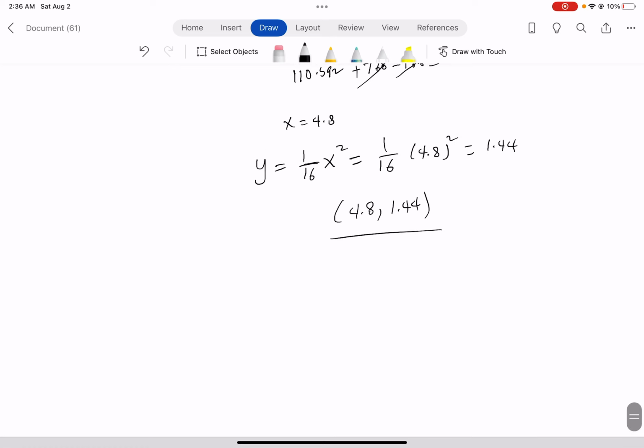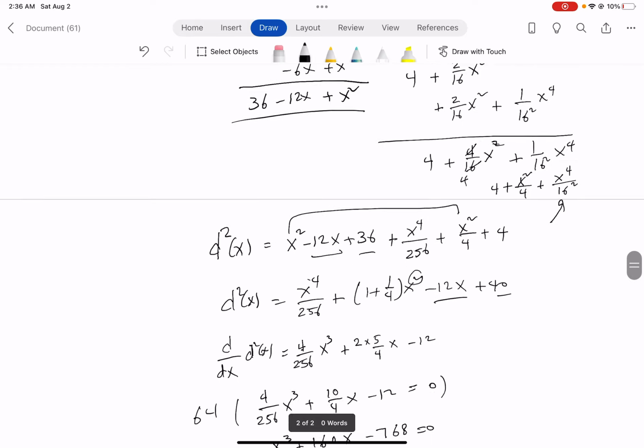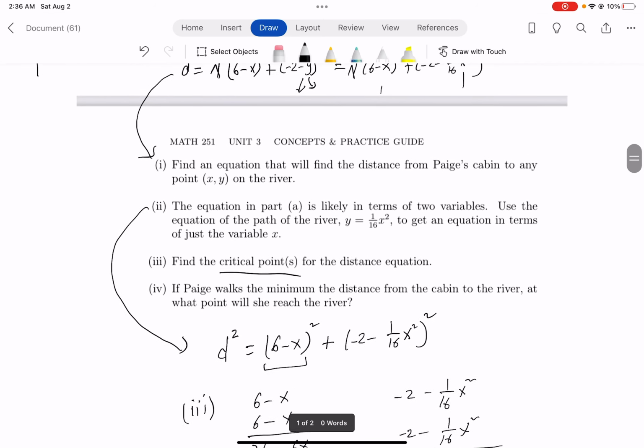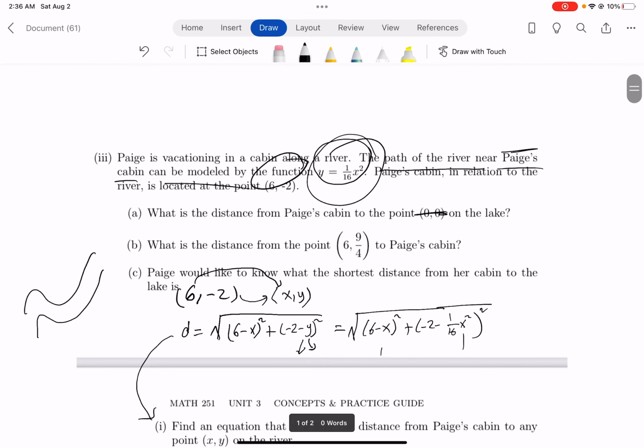So the shortest distance: 4.8 minus 6 plus 1.44 minus y. So what is the value? Okay, so this is 6 minus 2.